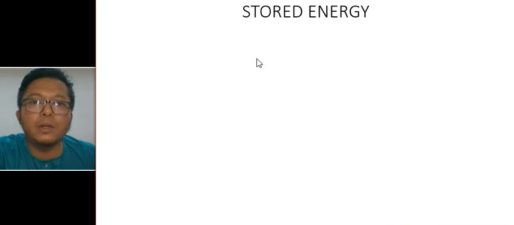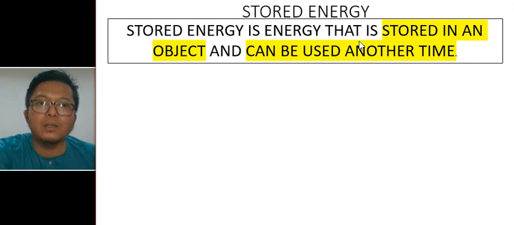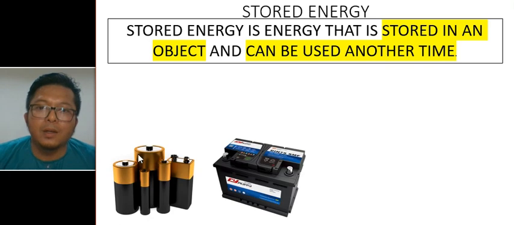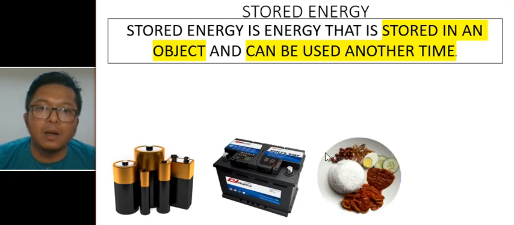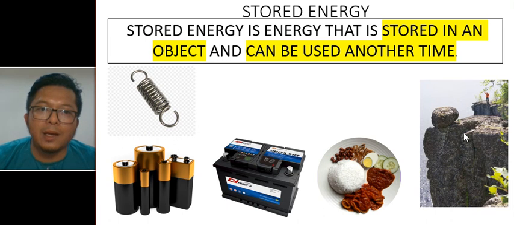Next, stored energy. Stored energy is energy that is stored in an object and can be used another time. These are called trees. These are foods. This is a spoon and a rock. This rock, not this one.